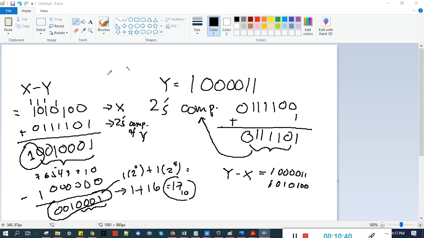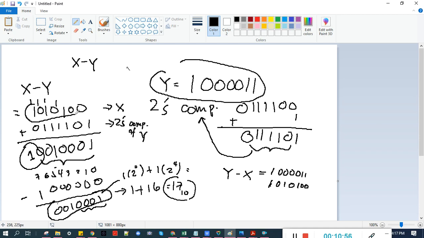Wait, but before going that, let's explain what we did with x minus y. Which is greater, y or x? 1 2 3 4 5 6 7.